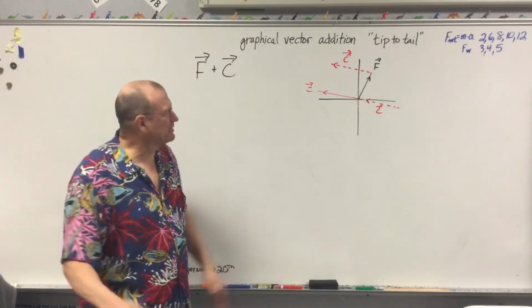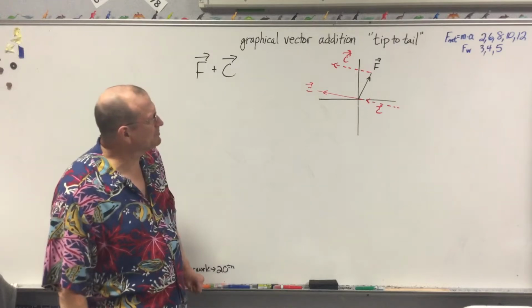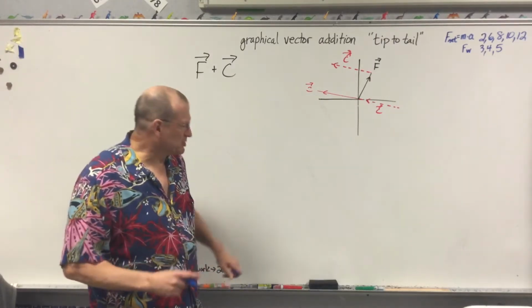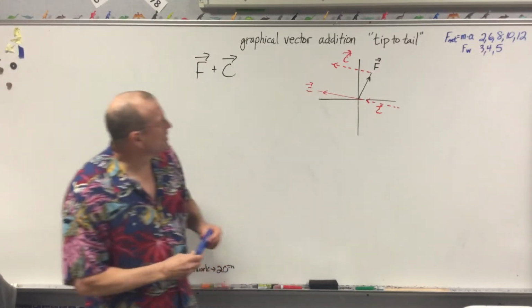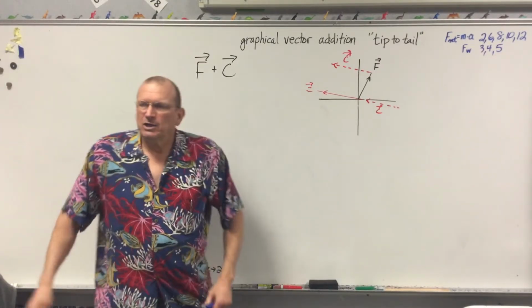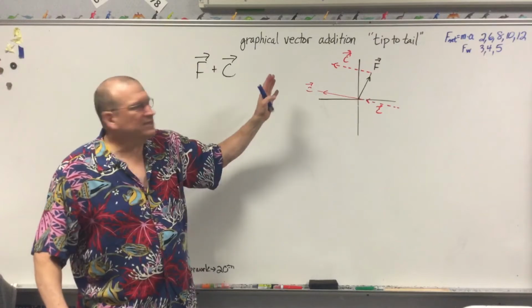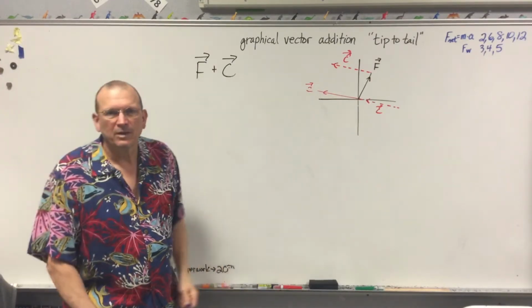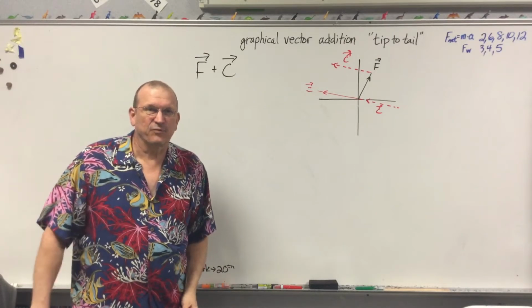But I'm going to try and keep this, at least originally, so it matches a math textbook. So once you have connected all of your vectors tip to tail, you are set for your answer.